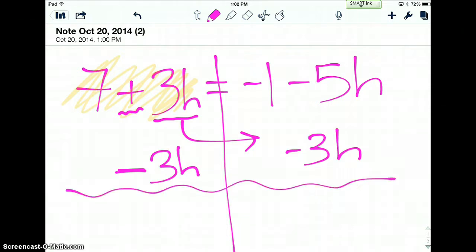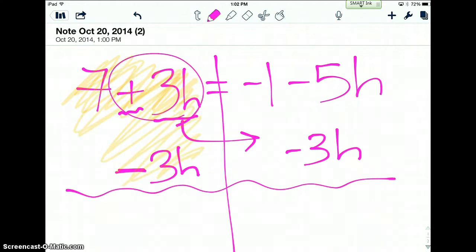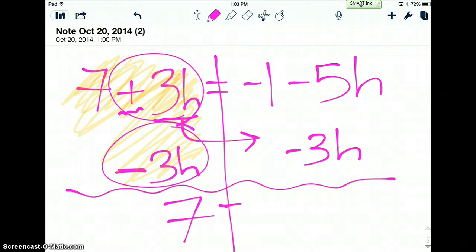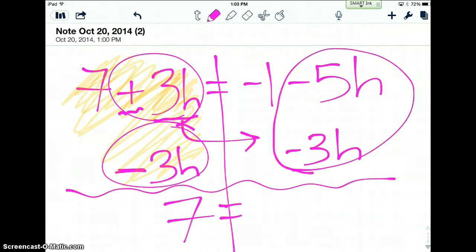Okay. So now on this left-hand side, if I simplify, these two quantities are opposites of each other. Those are 0. 3h minus 3h is 0 h's. So really, I'm just left with 7. And then on the right, if I combine these h's, how many total h's do I have?